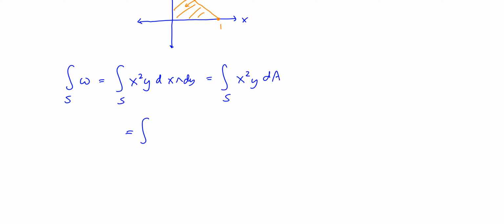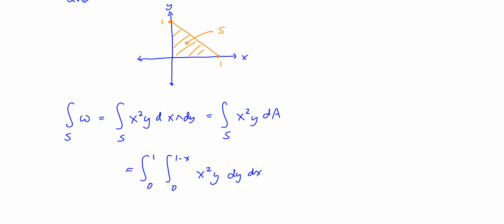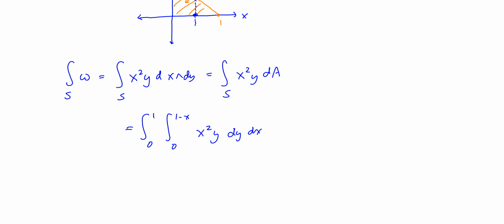So let's just say we go from 0 to 1 and 0 to 1 minus x of x squared y dy wedge dx. So we're fixing an x value and we're seeing what our y values are. So we enter here, and we exit here. This line, of course, is y equals 1 minus x. So that's where our limits come from.